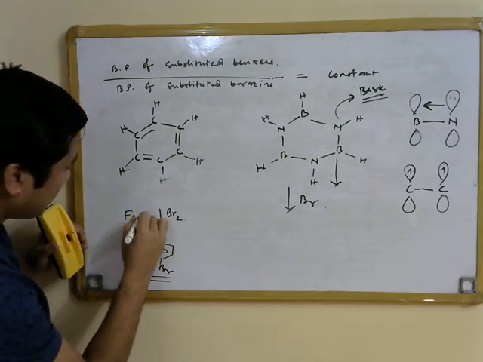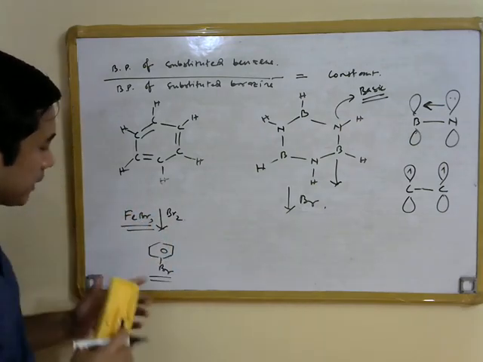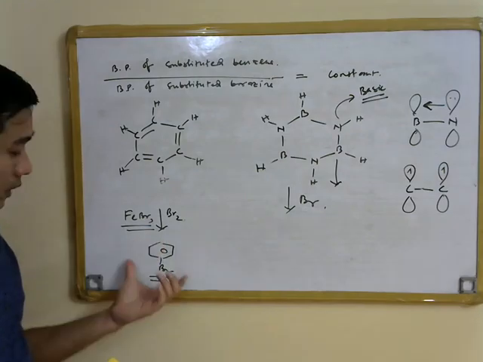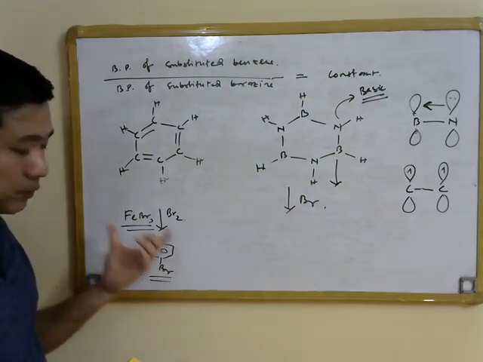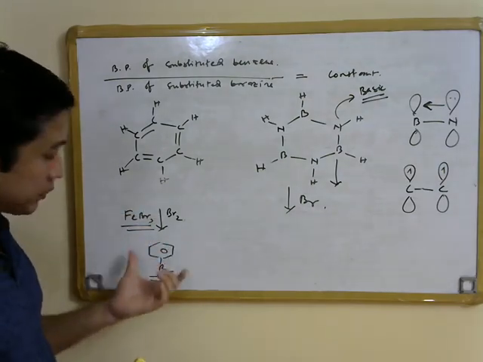So in the presence of FeBr3, we will get this sort of brominated product, because of electrophilic substitution reaction.